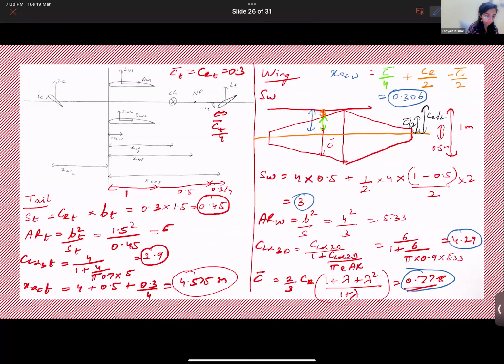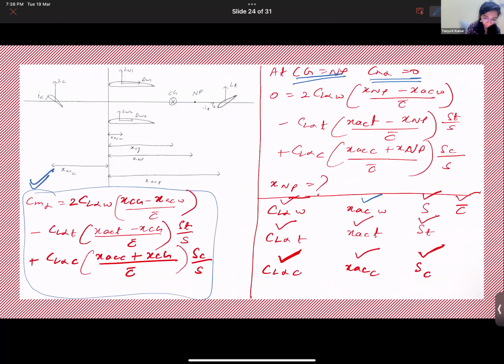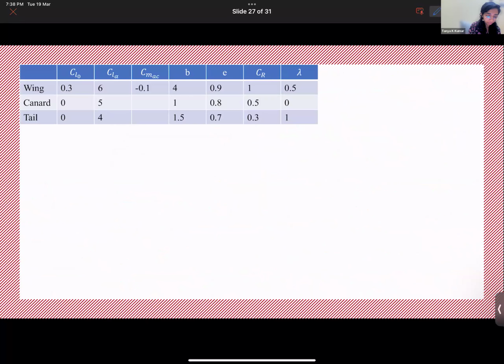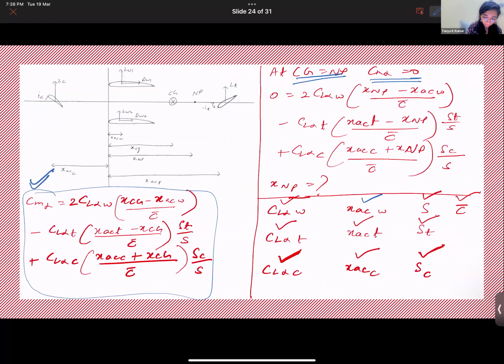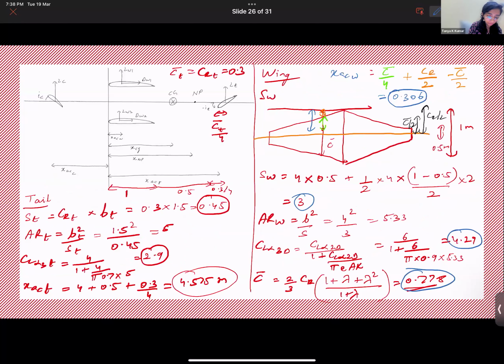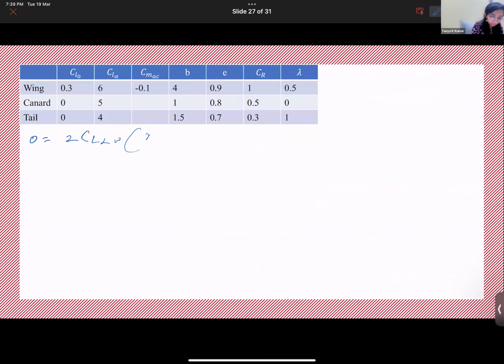Now, where was our formula? This is going to be a little difficult. Okay, so 0 is 2 CL alpha wing. I'll try to do it quickly. XNP minus XAC wing by C bar.